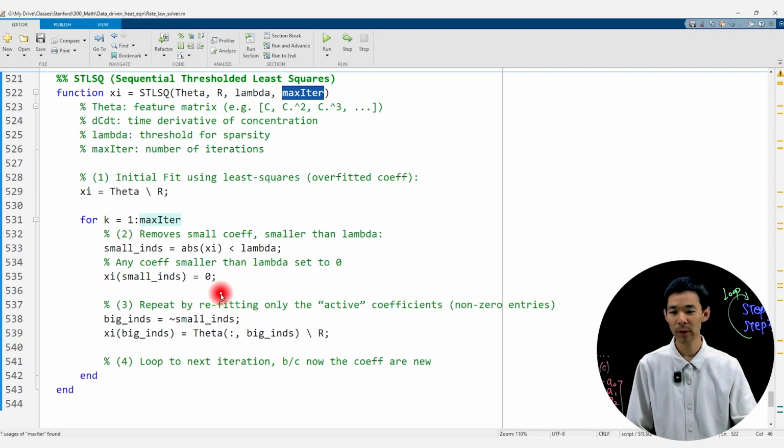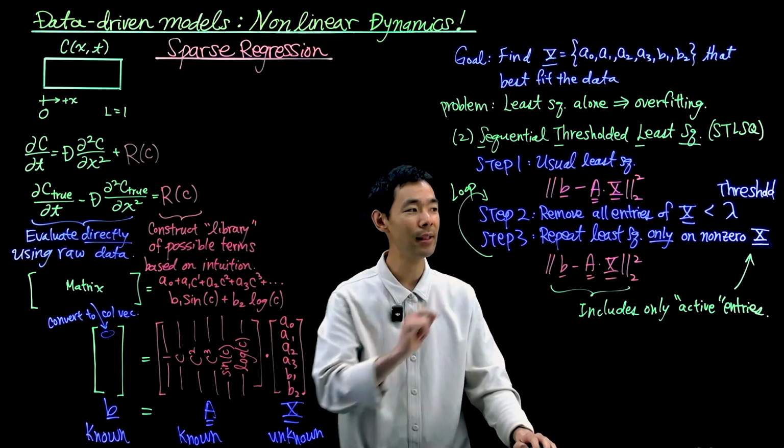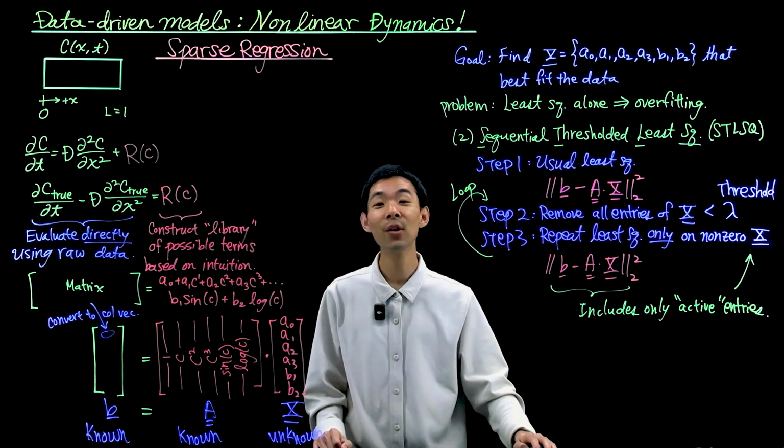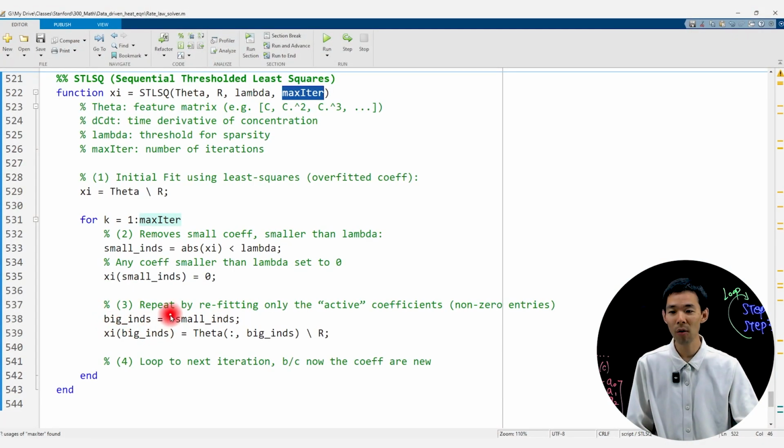Now, next what we're going to do is go back to step 3 and repeat least squares only on the non-zero or the active coefficients of x. So we're going to take all of the indices that are not small. This little squiggly means not the indices that we just identified. We're going to take those entries only, the active entries of x, and repeat a backslash calculation.